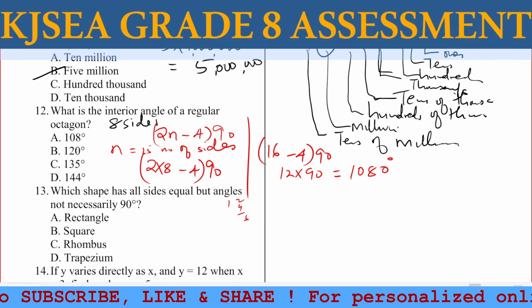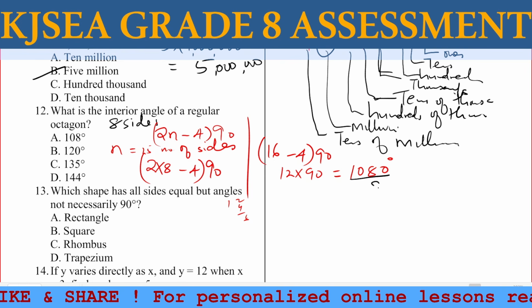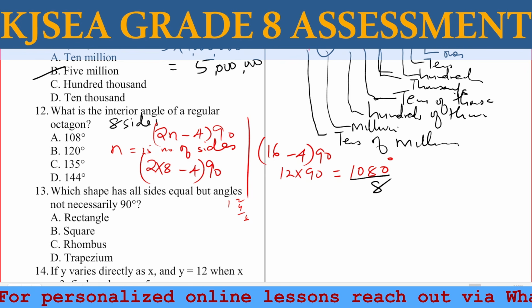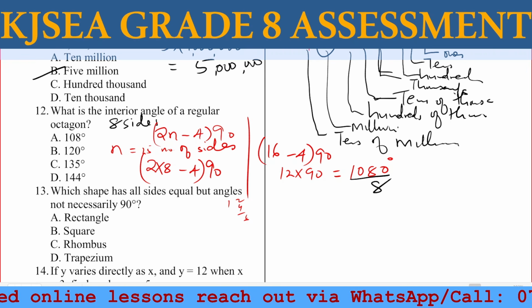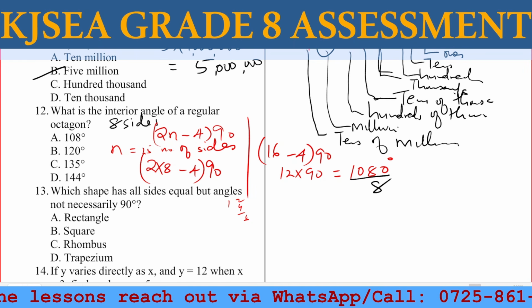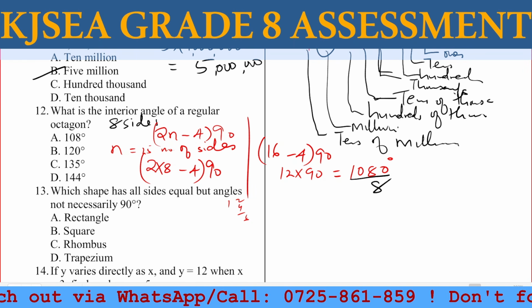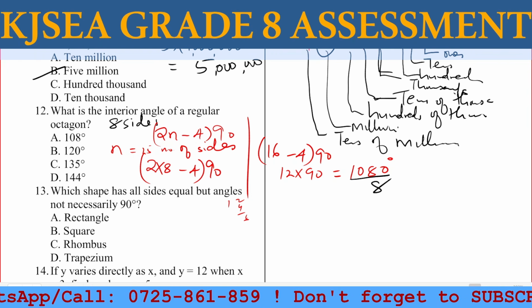Now, since we want to get one angle, you just need to take 1080 and divide it by 8. So that is how we get that. You must know how to get the sum of interior angles of any regular polygon.